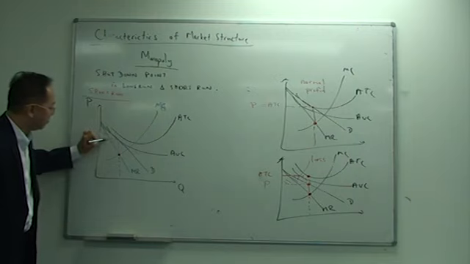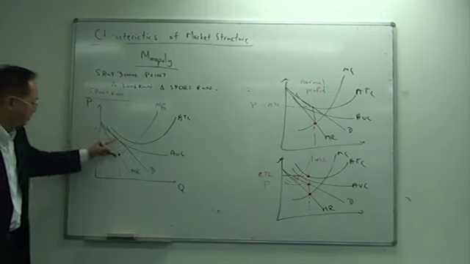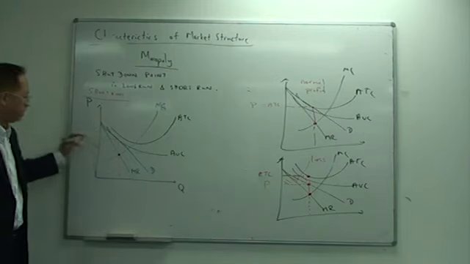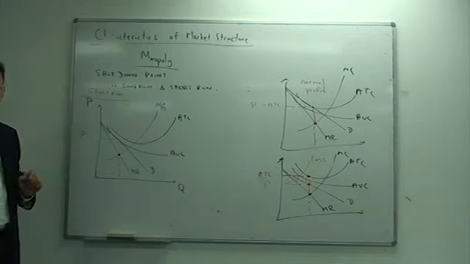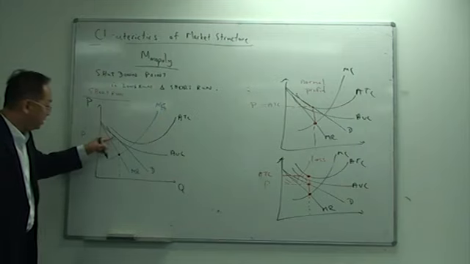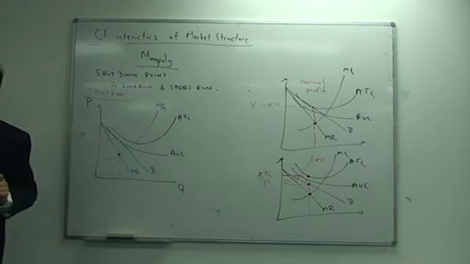Now, in this area, the demand curve in blue is for price. Yeah, price, and then it intersects with the average variable cost this time.